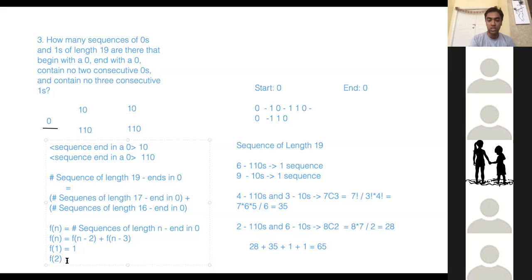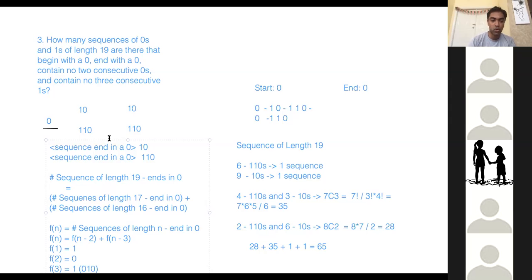Can I have a 2-character sequence that satisfies all the properties? I would have to have it start with 0 and end with 0, so it would just be 0, 0, but it cannot have consecutive zeros. So f of 2 would be 0. F of 3 would be just 1, corresponding to just the string 0, 1, 0.